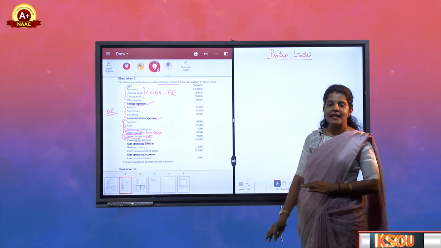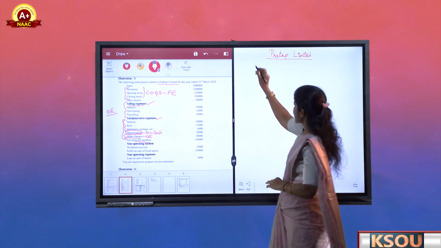Pratap Limited, and here we are preparing the statement of profit and loss.